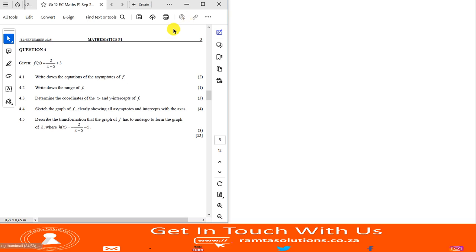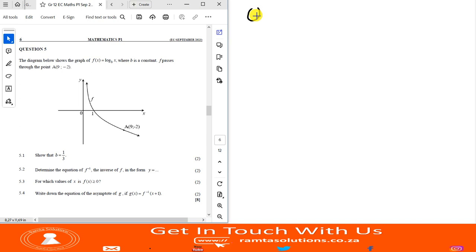Now, we are going to question 5. We are given, they say the diagram below shows the graph of f of x equals log x base b, where b is a constant.